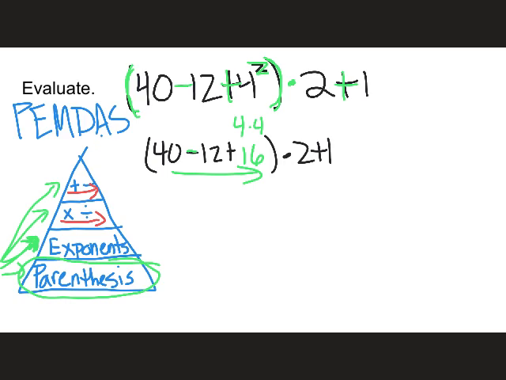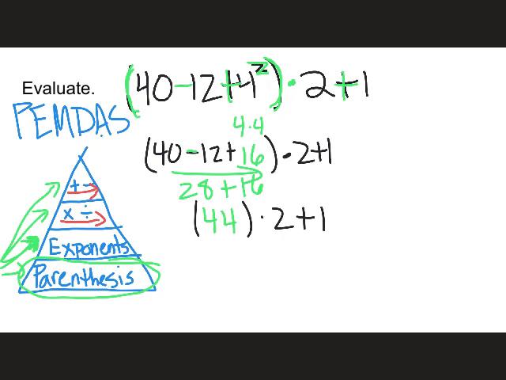So 40 minus 12 would give us 28, and then plus 16. And I think it's okay to do that all at once right now without having to rewrite it first. That would give us 44.